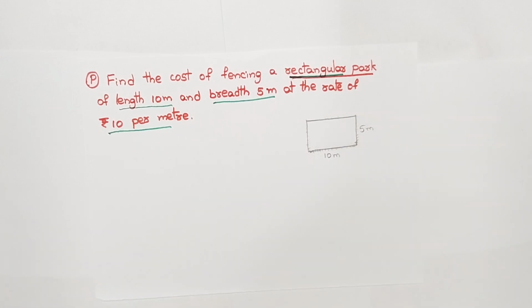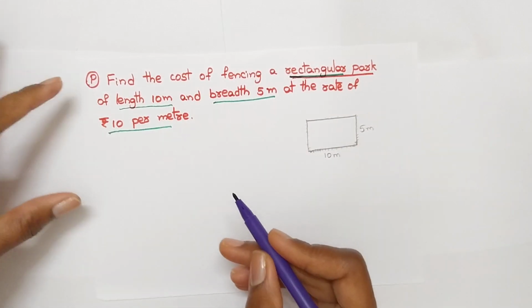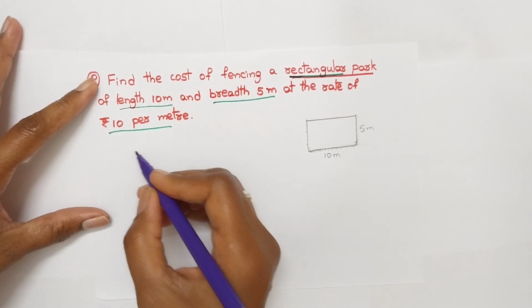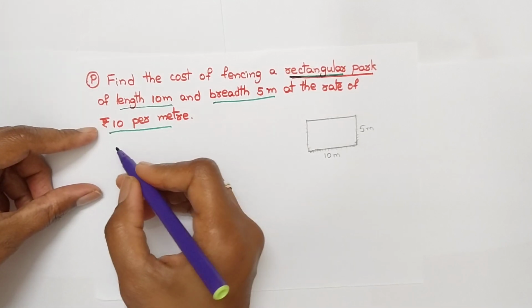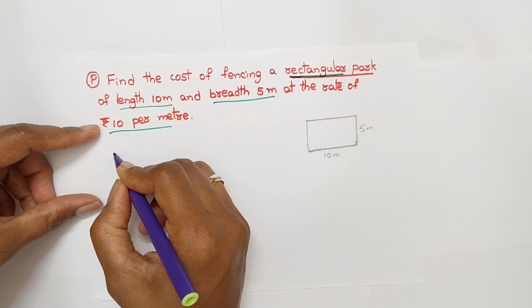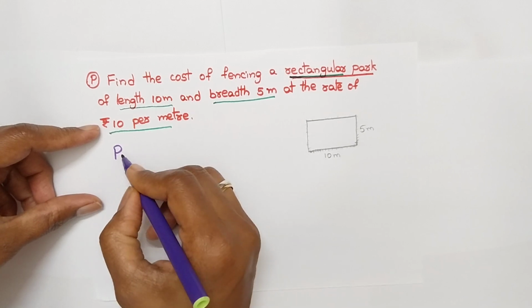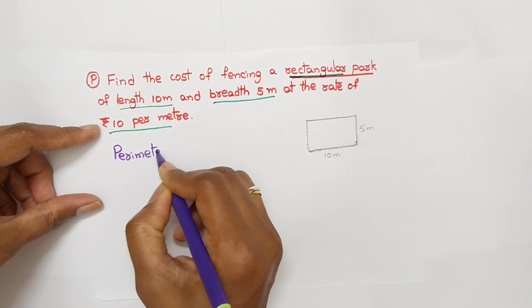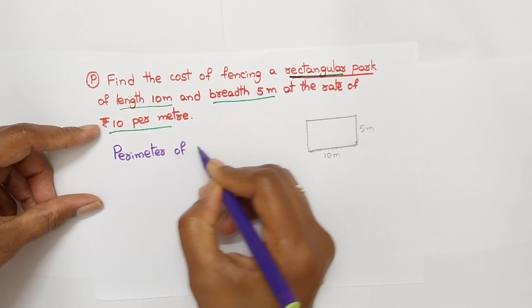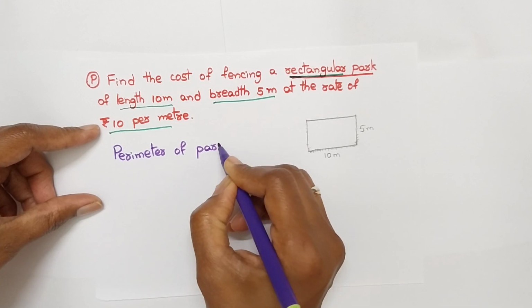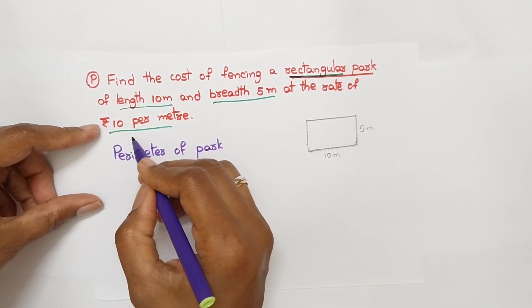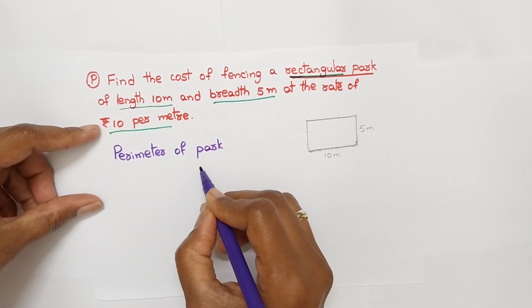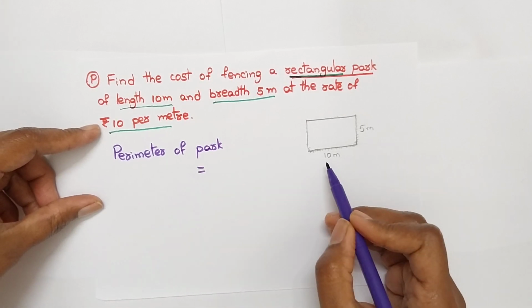So first we calculate the fencing length, how much length it is taking. The length of fencing equals the perimeter of the park.